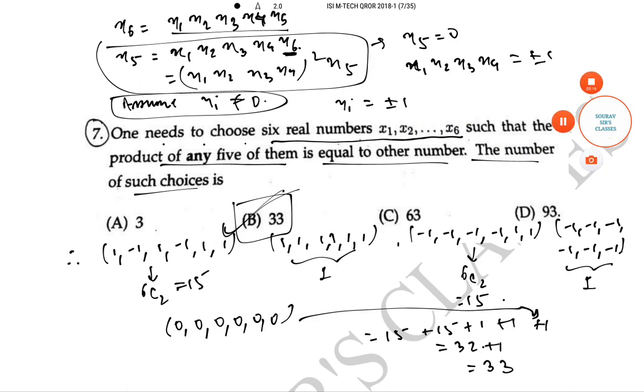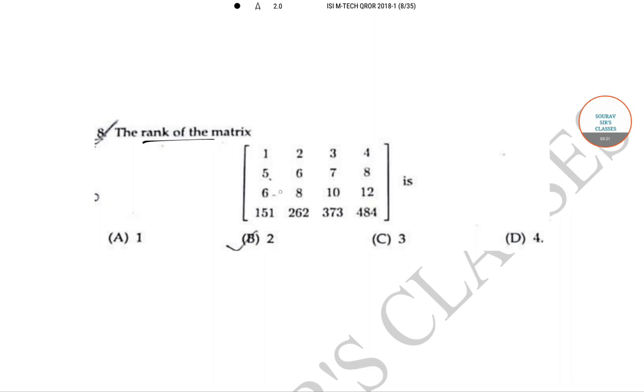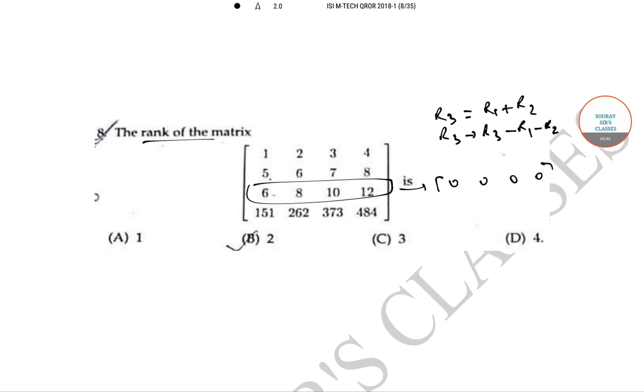The next question is, the rank of the matrix is, we can see that R3 is equal to R1 plus R2. So on doing the operation, R3 tends to R3 minus R1 minus R2, this will become 0, 0, 0 and 0.